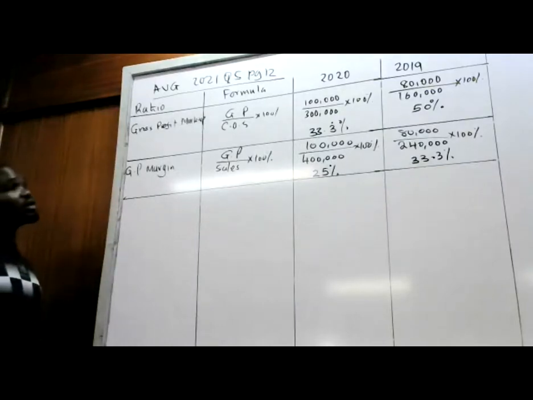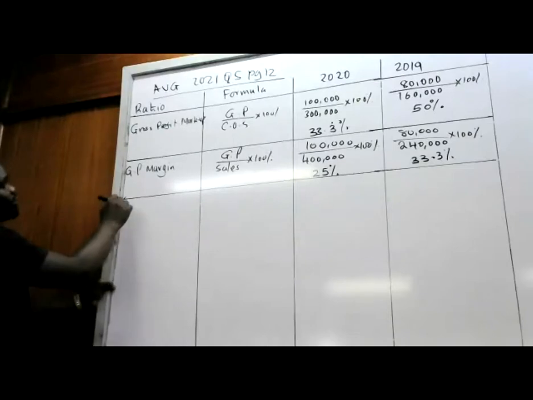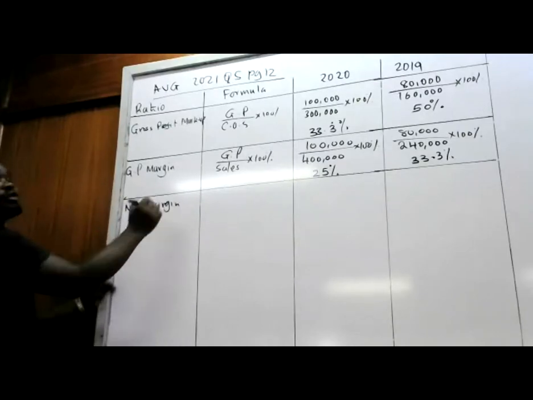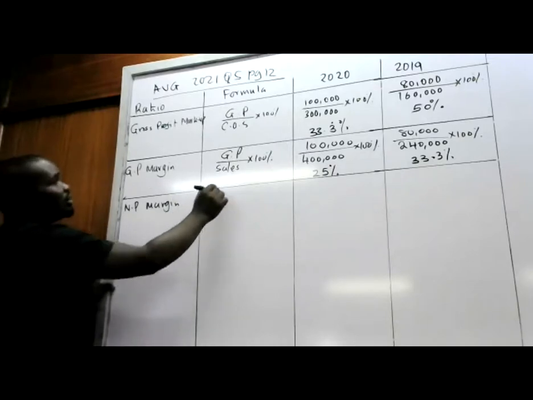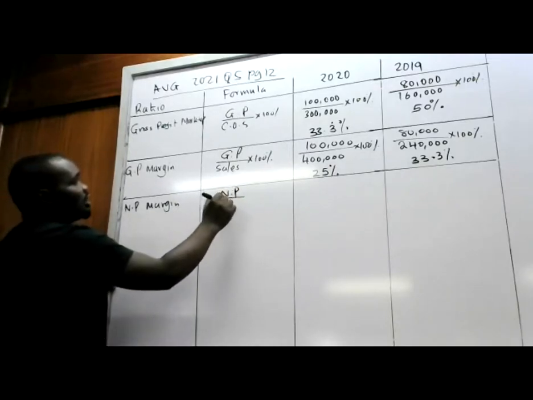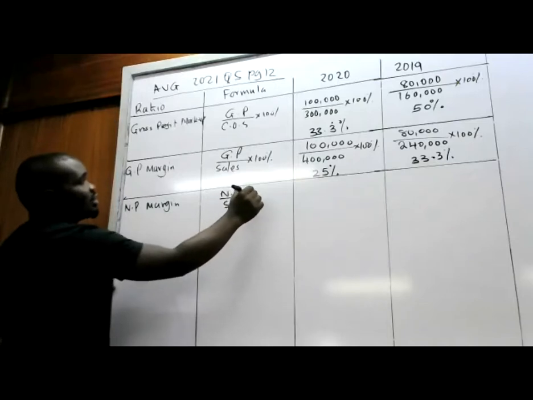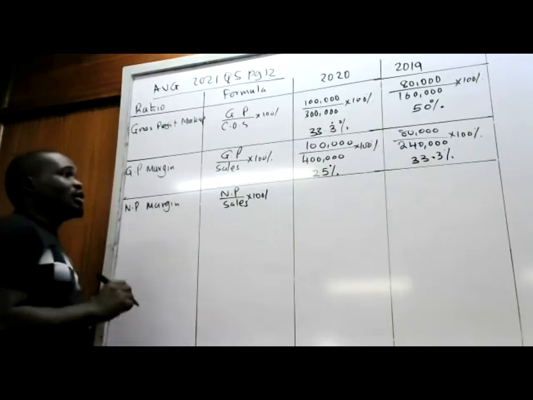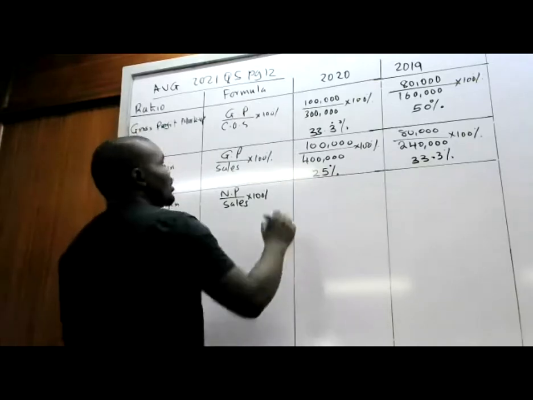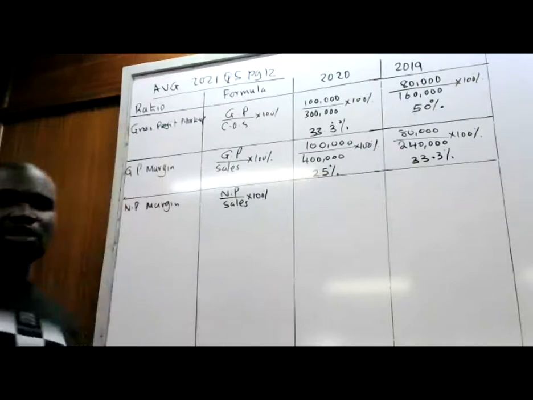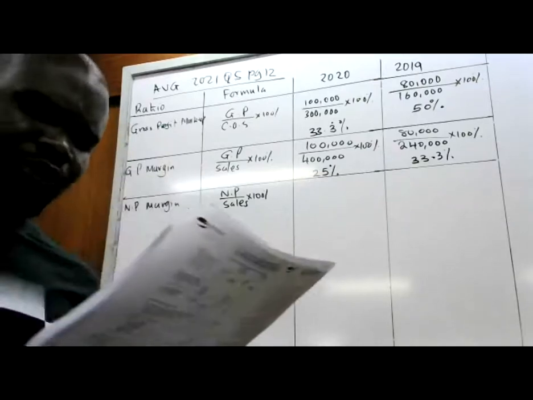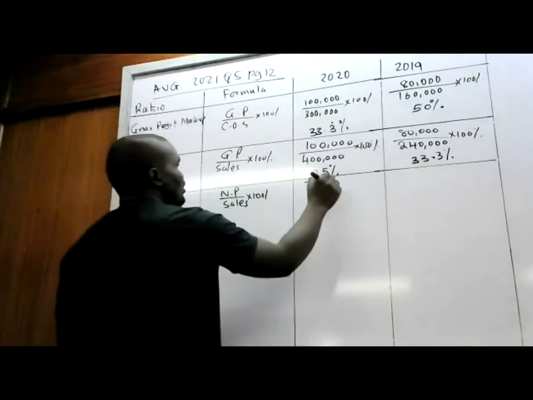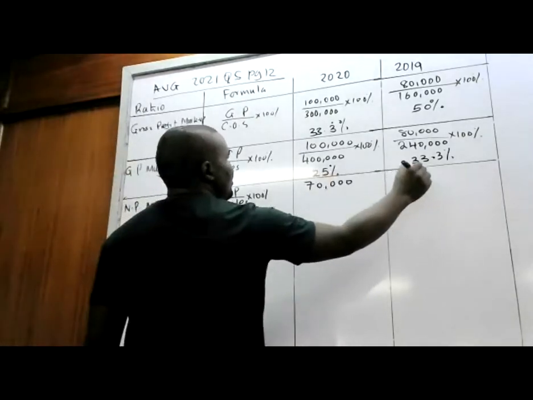The next one is net profit margin. What is the formula? Net profit over sales. As the name says, you multiply by 100. Net profit remains the same? No. Net profit is 70 and 60.